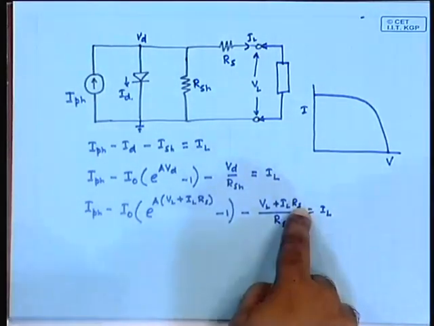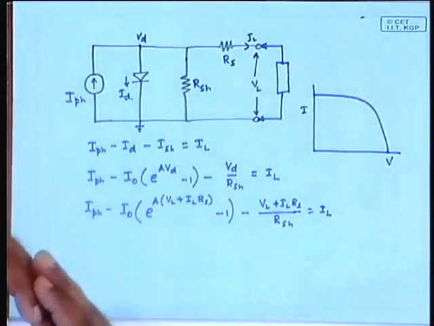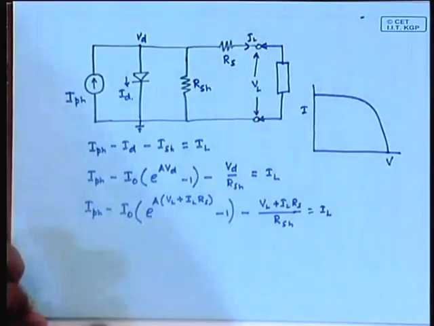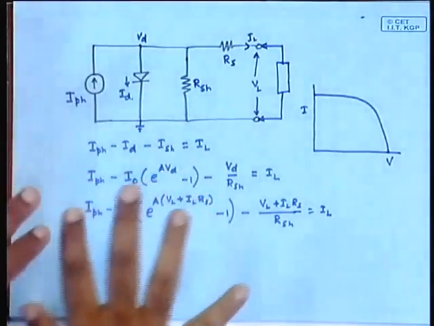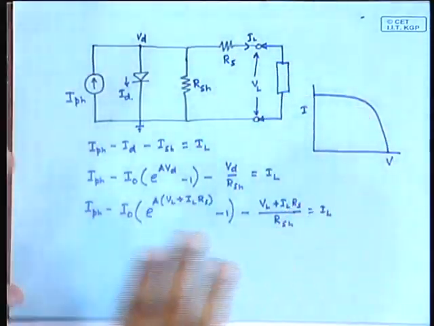RS, because that is the way the electrons are passing, and they now encounter a larger resistance.